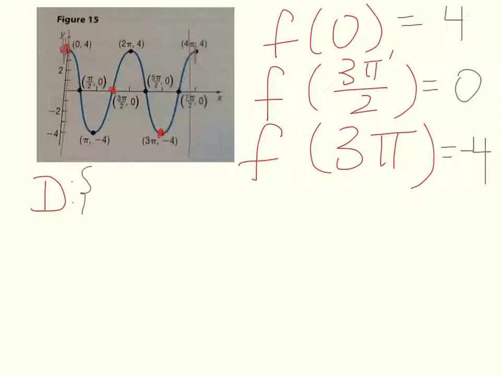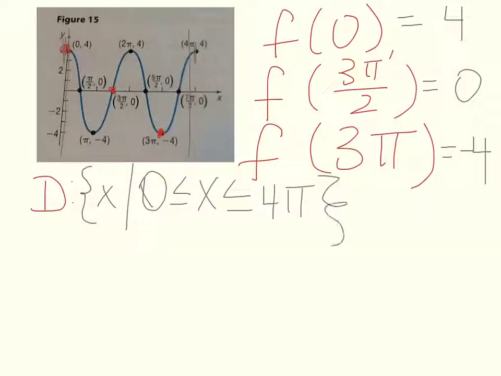So the domain would be x from 0 less than or equal to, since it is a filled in dot, to what is that? 4 pi. Since this is also a filled in dot. So that is the domain.